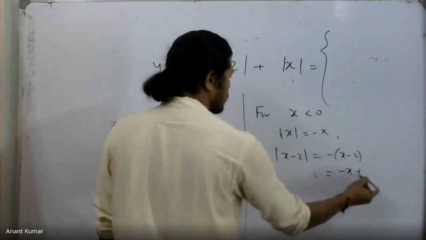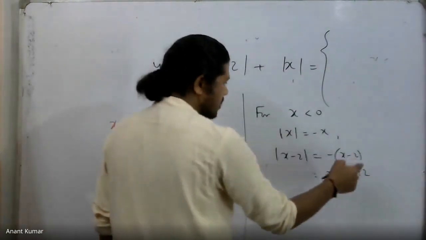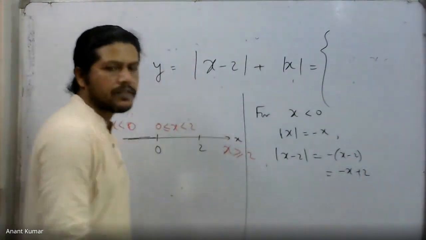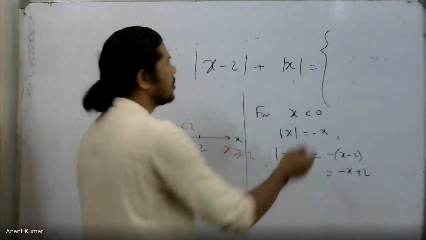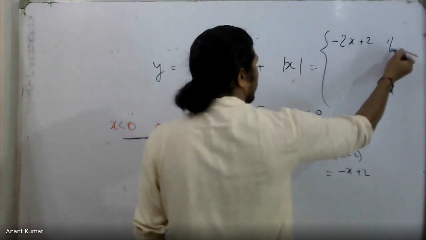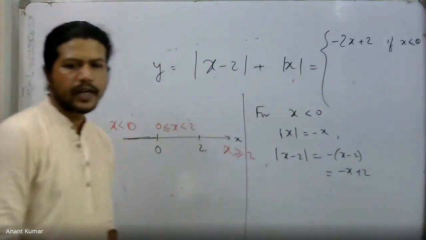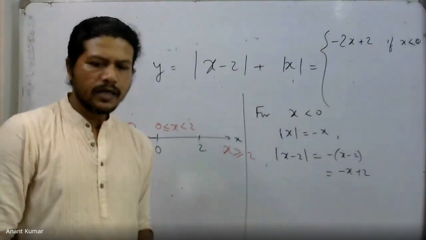So I get minus x plus 2. I add them up, and what I get? Minus x minus of x plus 2 gives minus 2x plus 2. That is happening when x is strictly negative, x less than 0. Then I get this. Okay.